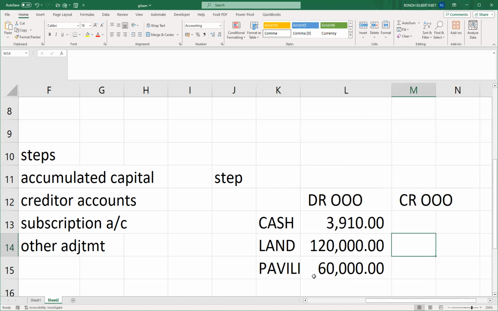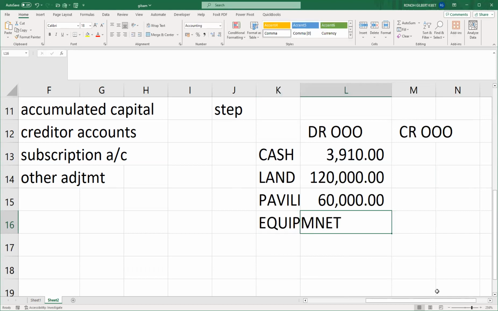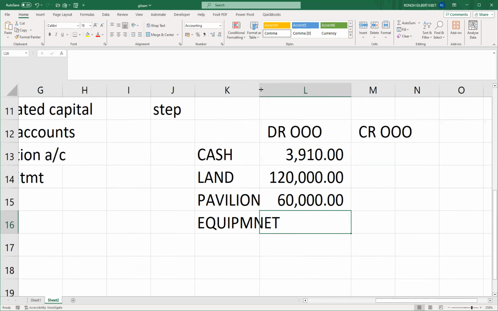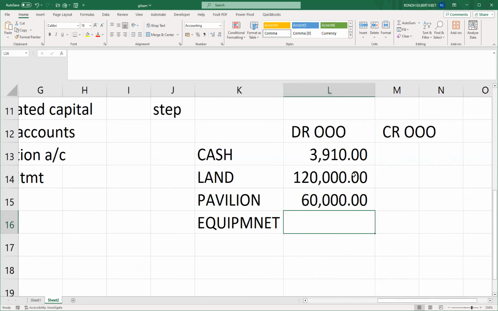And then we have the club equipment. We are using the cost value in the trial balance.